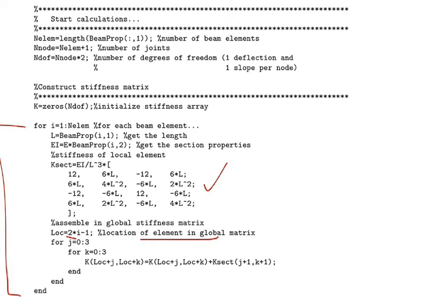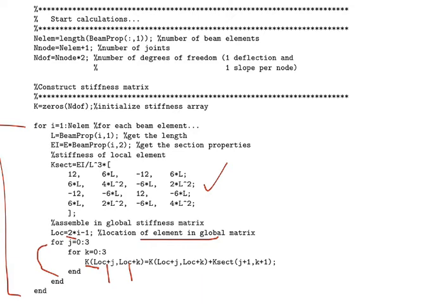And then we start populating with this value of LOC. So this LOC, for example, if I is equal to 1, then LOC will be equal to 1. And then we go into the JK loop. The J starts from 0 and the K starts from 0.